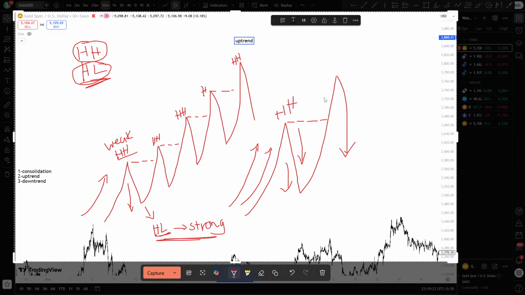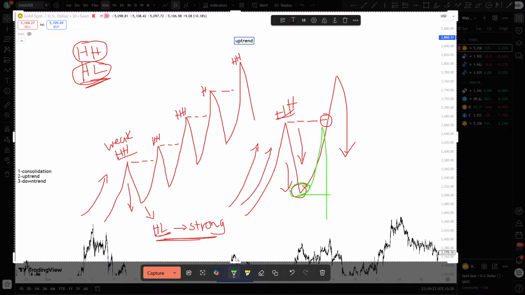For the market to break the higher high, it needs to be so strong at this point that it is able to break this point. If this point is the low of the market and it is weak, the market will not be able to break here, and what will happen is the market is going to give us a pullback.